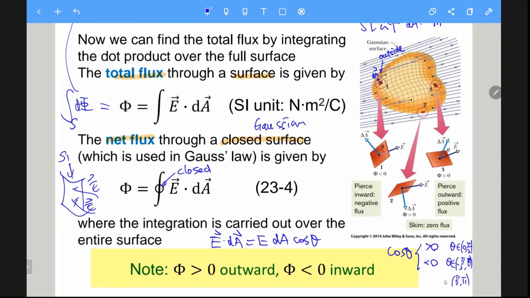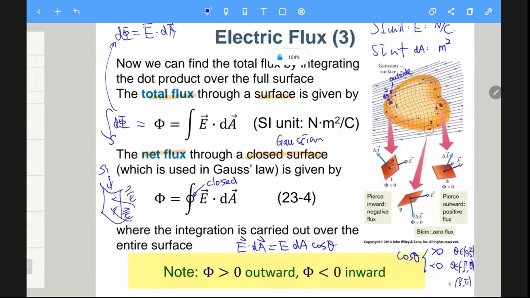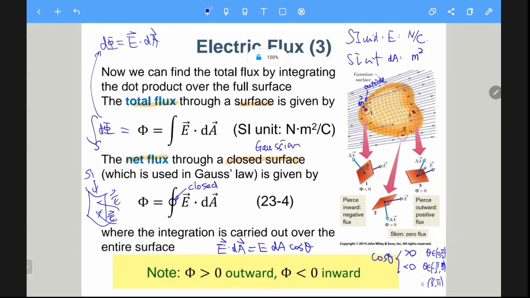We don't count every individual student. We just count the trend, the flux or flow of the overall student number. So this is a similar concept here. We talk about the flux, whether it is going in or going out. So for calculus class or physics class, we always define outward to be positive, inward to be negative.